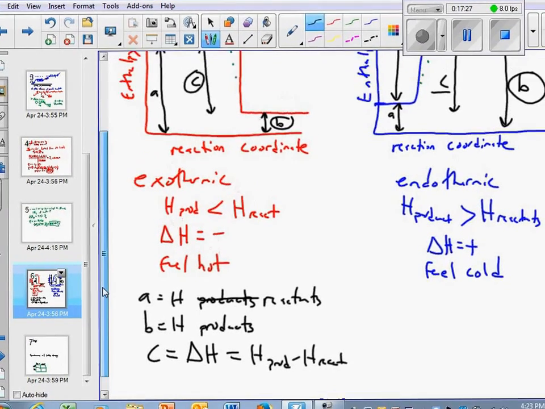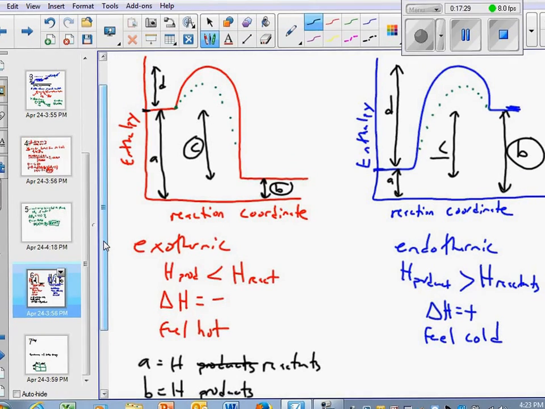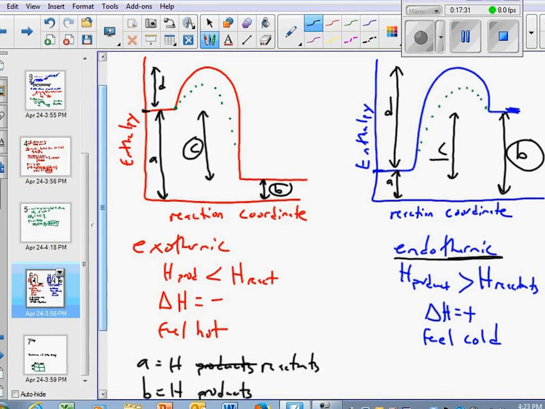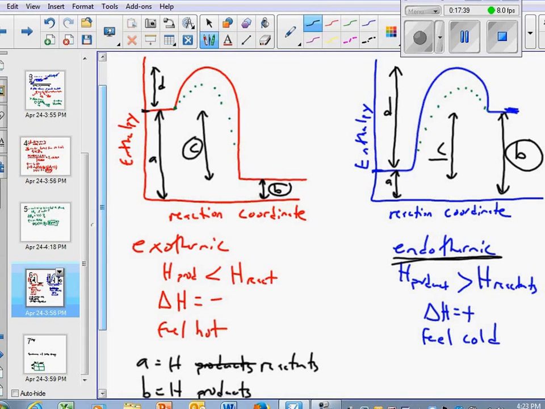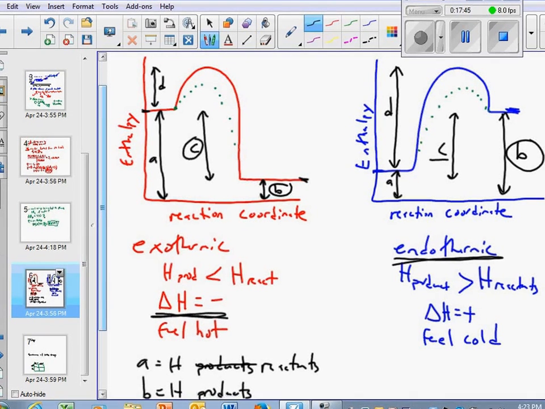So when the products are higher, we have an endothermic reaction, and it's positive, like we said over here. When the products are lower down, like here, the delta H is going to be negative, and it's exothermic.